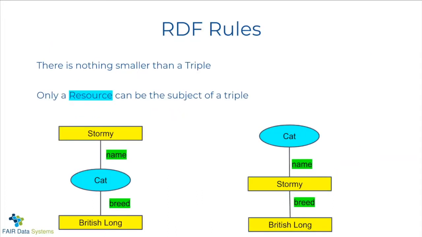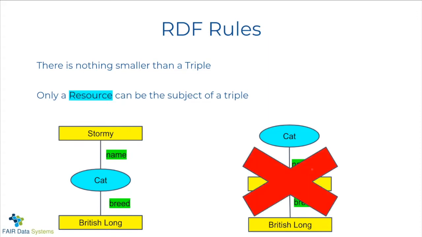And the rules of RDF are really quite straightforward. There's nothing smaller than a triple, and only resources can be subjects. So on the left-hand side, I say cat, his name is Stormy, cat has breed British Long. On the right, I say cat has a name Stormy, which has a breed British Long.